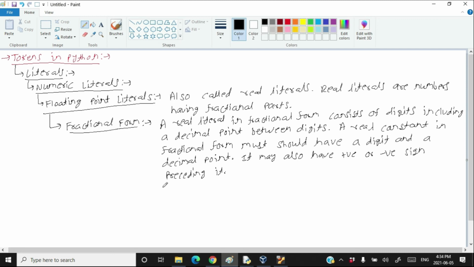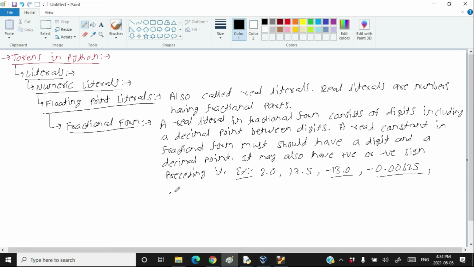Example: 2.0 is a valid fractional constant. 17.5 is a valid fractional constant. Minus 13.0 is also a valid fractional constant. Minus 0.00625 is also a valid fractional constant.